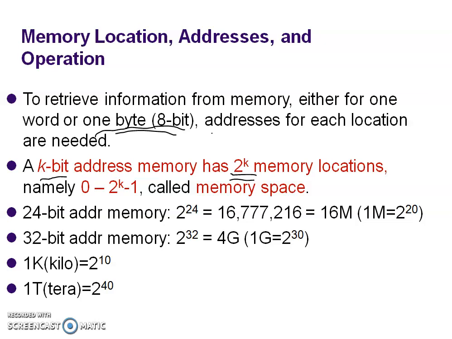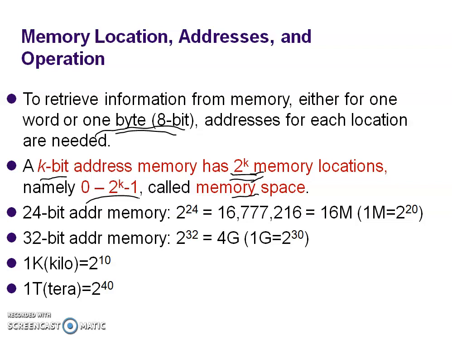So in such a case, you will be allowed to store 2 raised to k words, which means it will have 2 raised to k memory locations, and that is called the memory space, and it ranges from 0 to 2 raised to k minus 1.